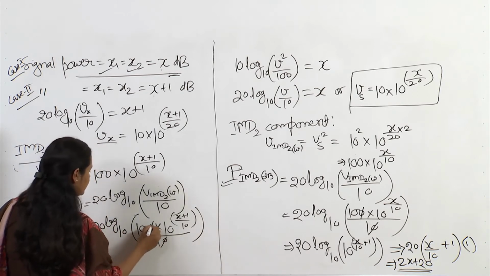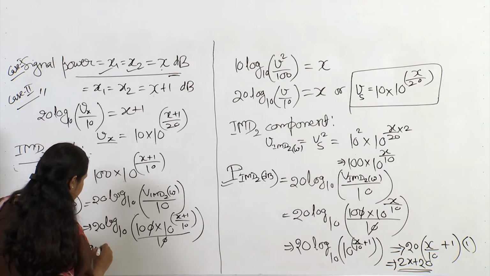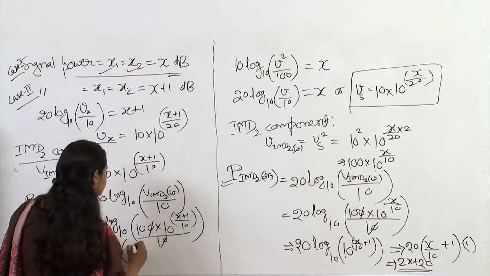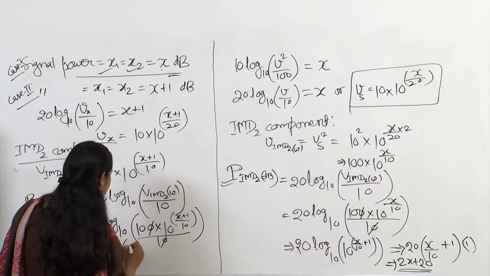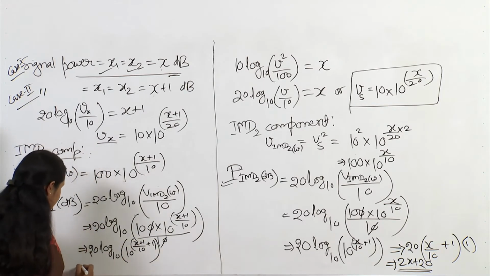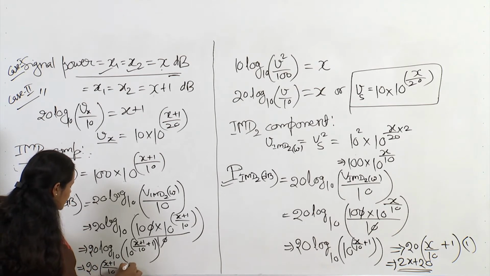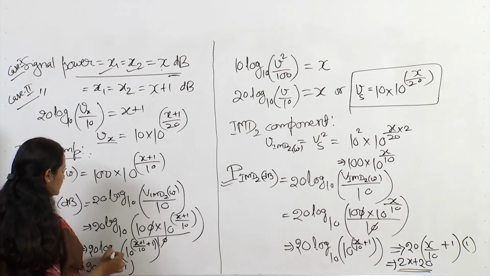So, this will go away and the expression becomes 20 log 10 of 10 to the power x plus 1 upon 10 plus 1, right.